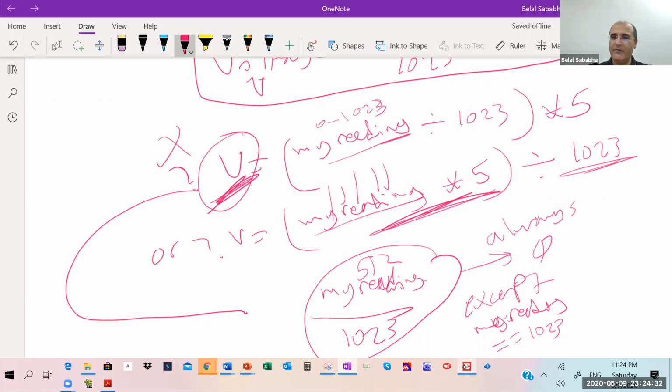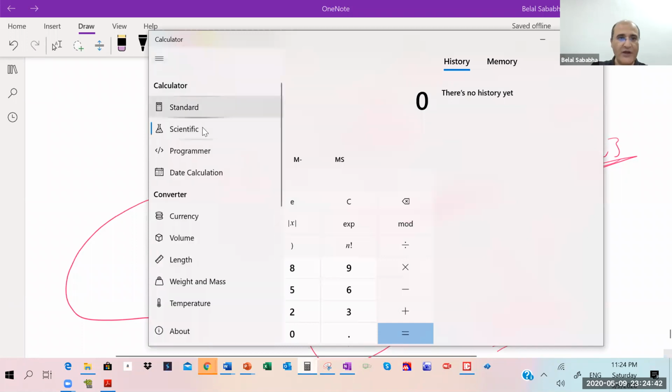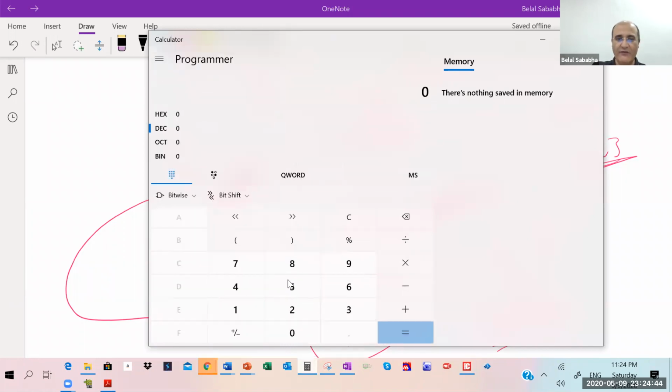So my reading, if it was 512, in this case it's going to be 0, but 512 times 5, in integer math I'm going to go to the programmers. 512 divided by 1023 is what? 0. This is how the computer works.